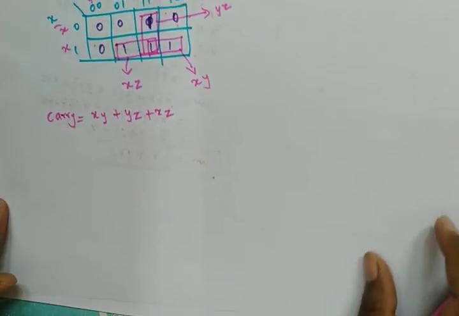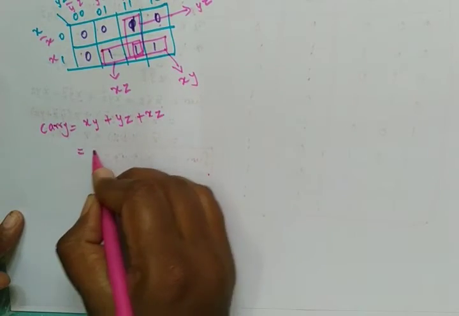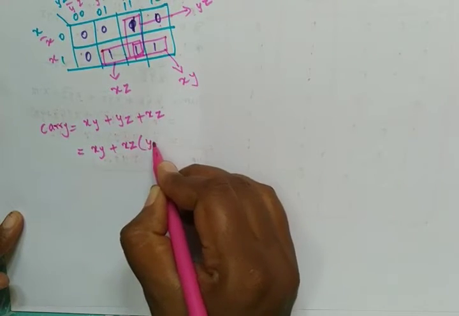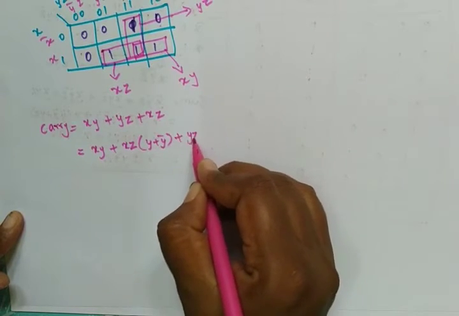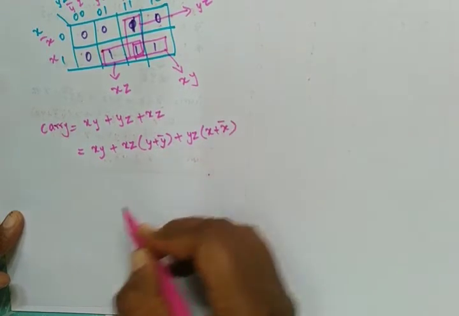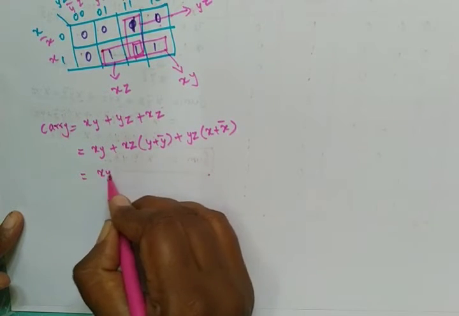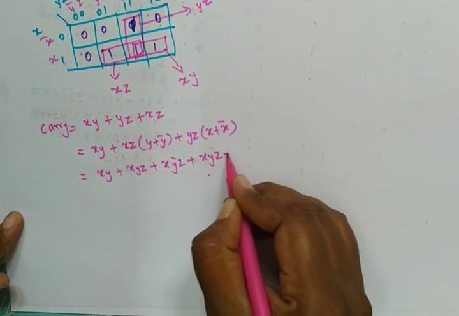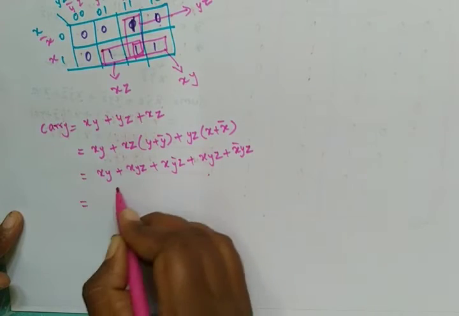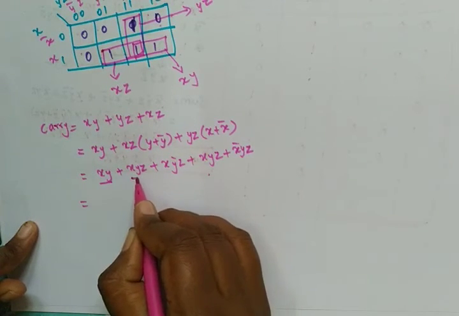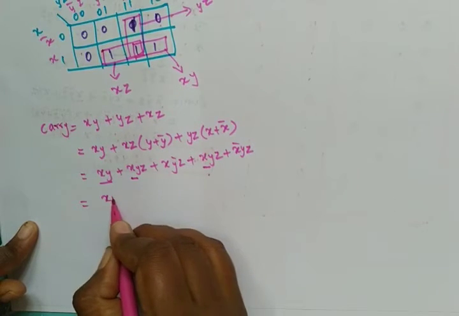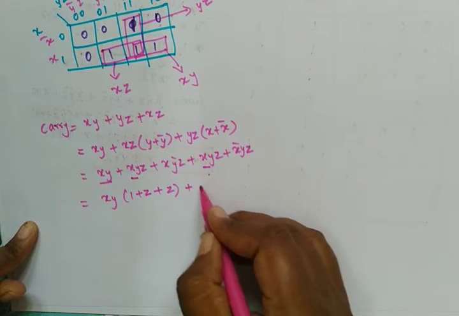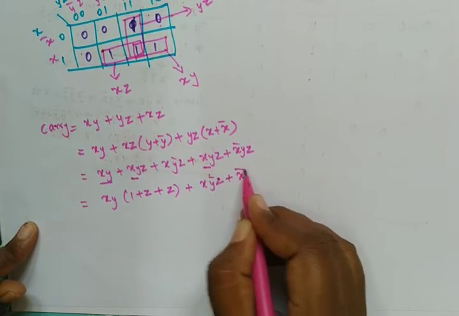Now we have to simplify this expression to get carry. Write xy as it is, plus xz into, what is the term missing here? y plus y bar, plus yz into, what is the term missing here? x plus x bar. So this equals xy plus xyz plus xy bar z plus xyz plus x bar yz. Now take xy common: xy into 1 plus z plus z, plus xy bar z plus x bar yz.